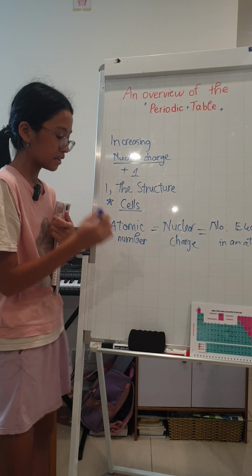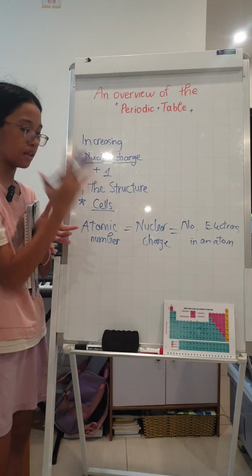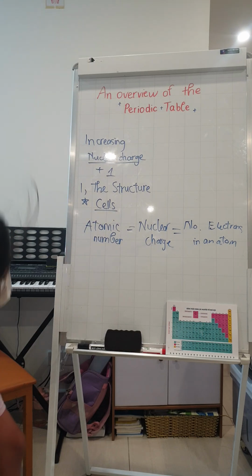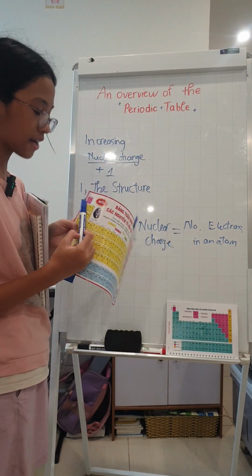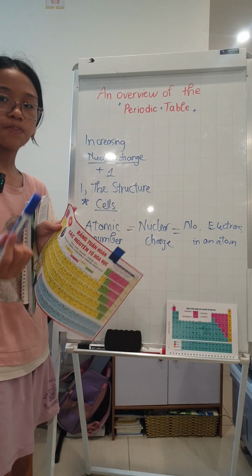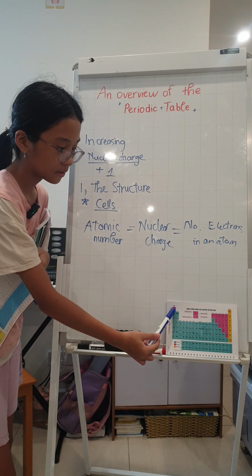And the atomic number also determines the element's position in the periodic table. For example, you see here, hydrogen has the atomic number of 1. That means its position is the first element in the periodic table.